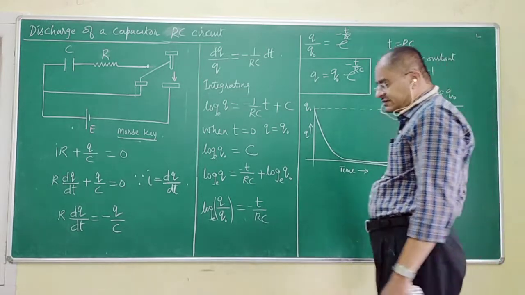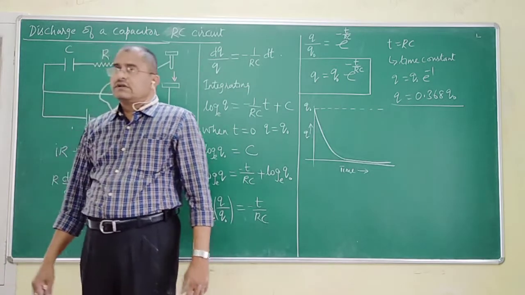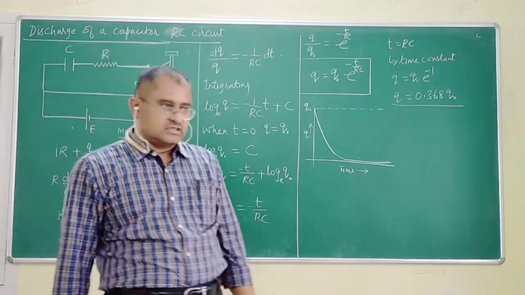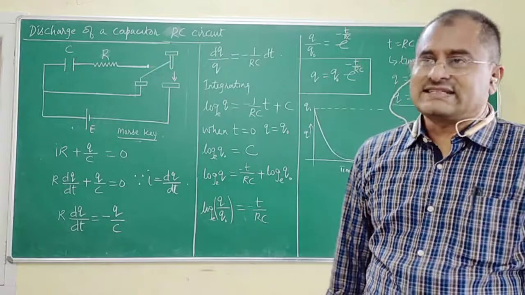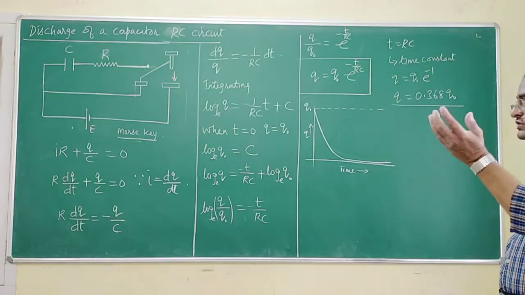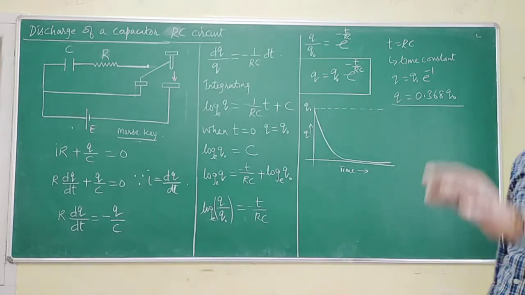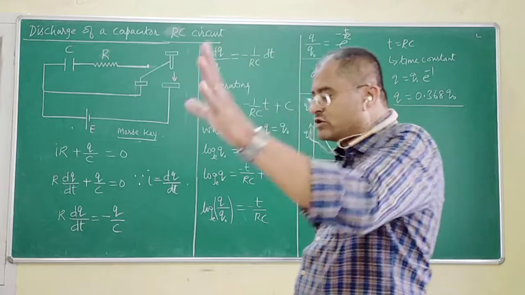Therefore, I will define the time constant of an RC circuit during decay as the time taken by the charge to decay to 0.368 times its maximum value Q naught.